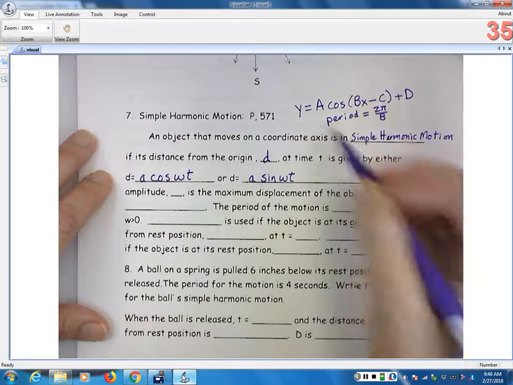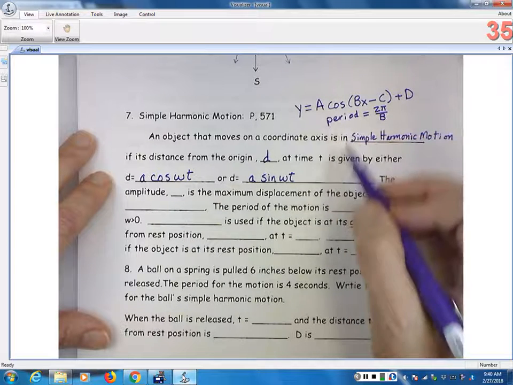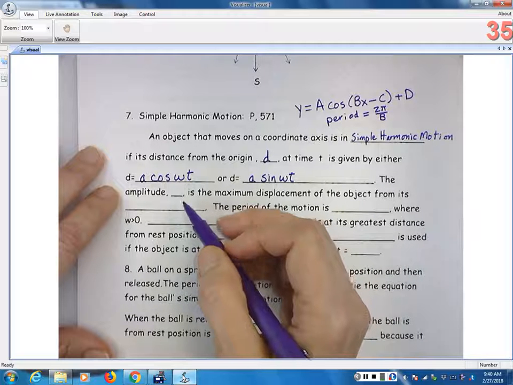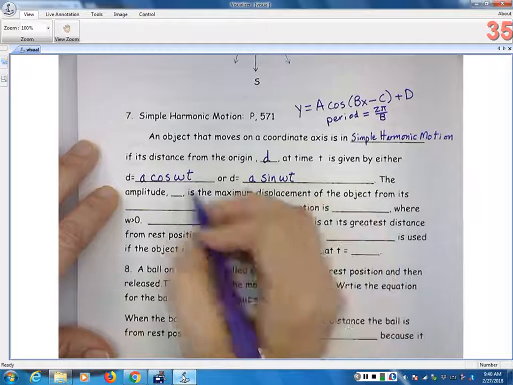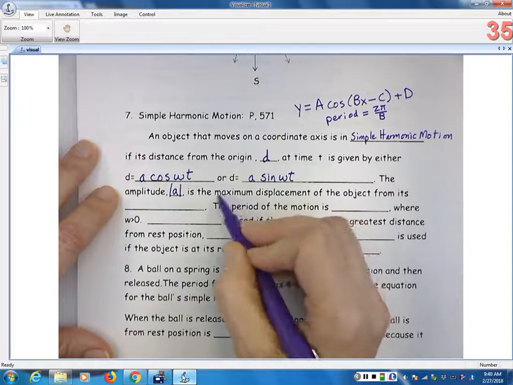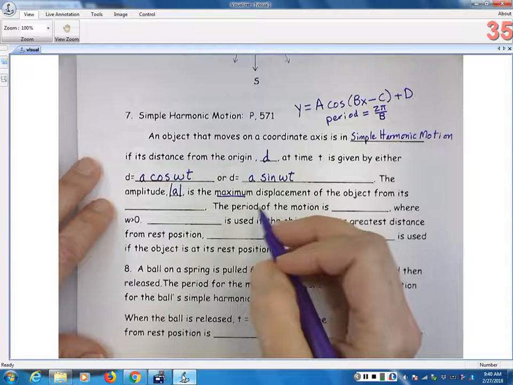I wrote that down to remind you, this is for section 4.6. The amplitude is the absolute value of small a. It's the maximum displacement of the object from its rest position.